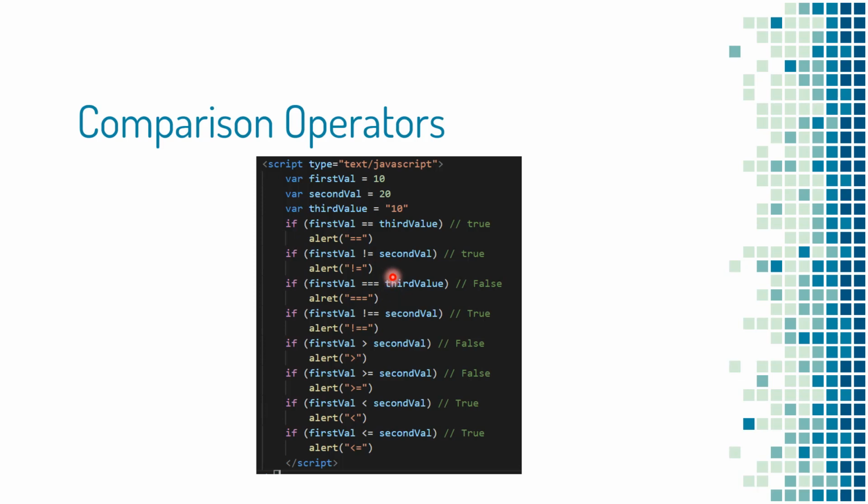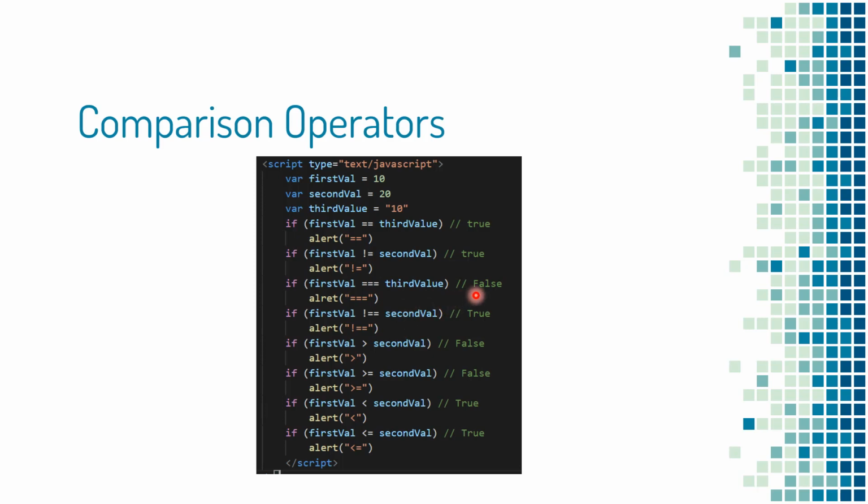Three equals means you are going to check the value and the data type of that variable to see whether they are identical in terms of value and type. If you are using just two equals, you want to check whether both variables are identical in terms of value. But when you are using three equals, you are checking whether they are identical in terms of value and data type.